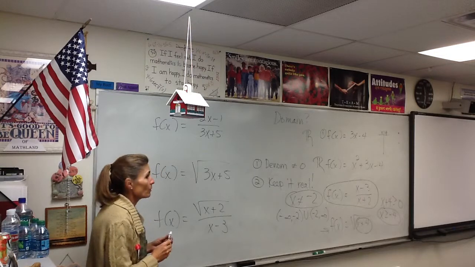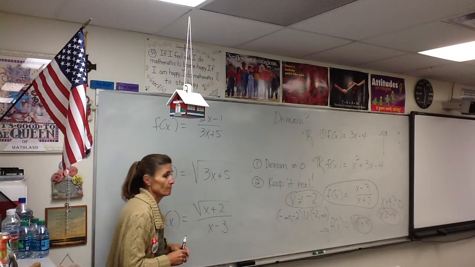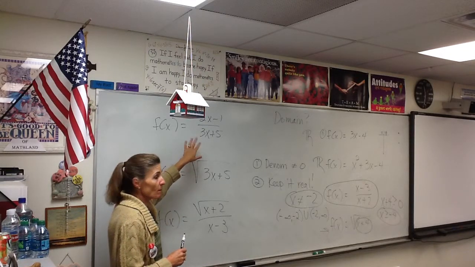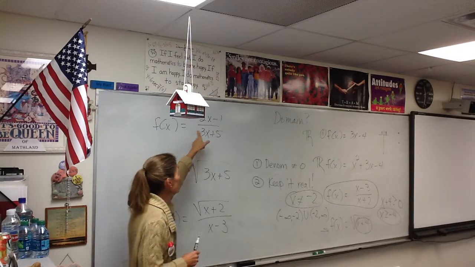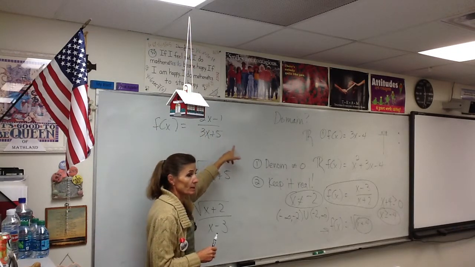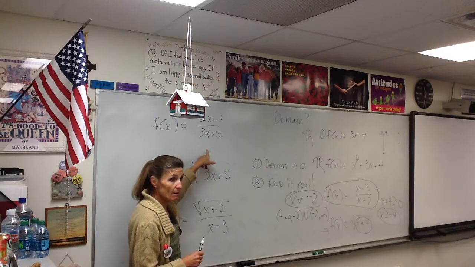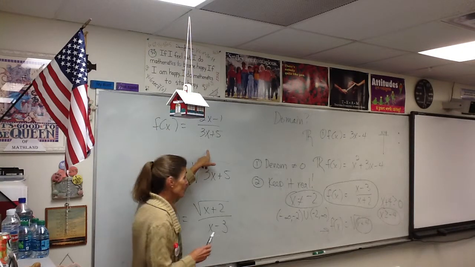What do you think? What do I have to worry about? Remember, these are the two things that cause me issues. I don't see a radical there, do you? So I'm not worried about imaginary numbers. I'm good, no radicals. But what do I have? A denominator. And what do I know about my denominators? They can never be 0.